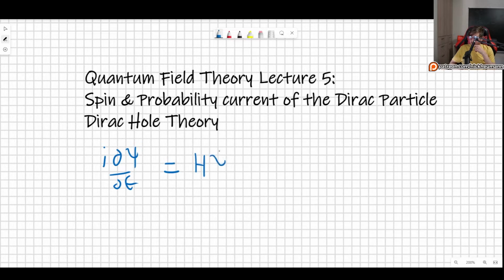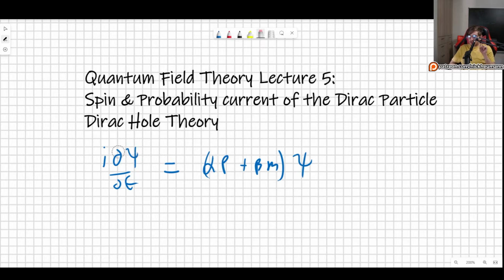Because this is equal to H times psi, but our Hamiltonian would be alpha dot p plus beta m times psi, and then we can take the conjugate of this, and then we subtract, right? And then we multiply by psi, we multiply by psi conjugate, we subtract, we do a little bit of algebra, oh, this is actually a total derivative, right? As we have done so many times, and we end up with the probability current. We could do that and it would be correct.